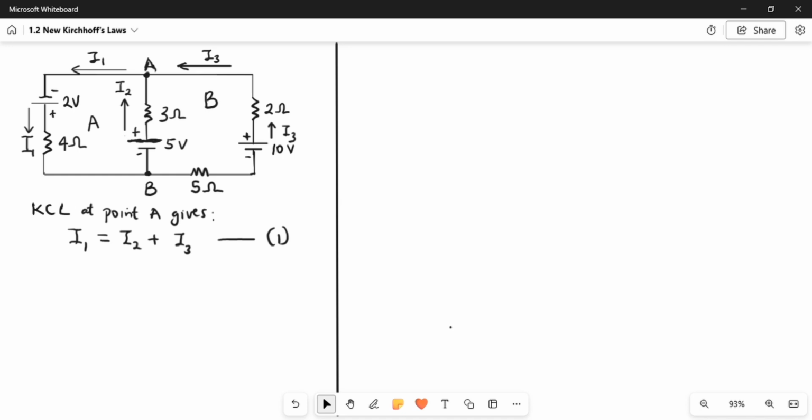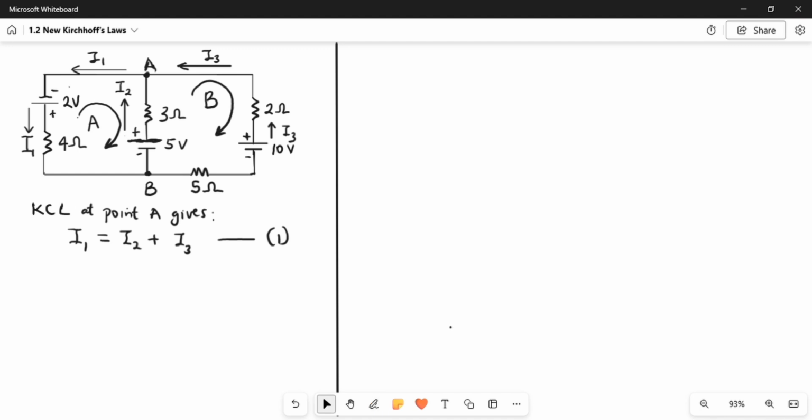Irrespective of the directions of I1, I2, and I3, we can choose a particular direction for both loops, either the anti-clockwise direction or the clockwise direction. I'm going to use the clockwise direction for my calculation. So I'll just indicate with an arrow to show I'm moving clockwise. I'll indicate here also with a curved arrow to show I'm moving clockwise.